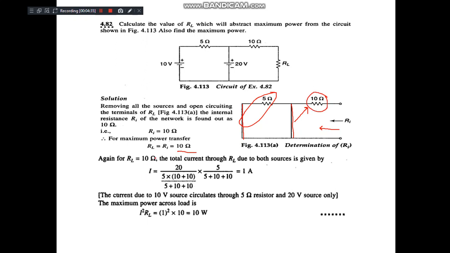So current is equal to 20 by (10 plus 10), which is 1 ampere. Finally, you have to calculate the maximum power across the load, that is I square into RL. The current value is 1 and the RL value is 10. So finally the power is 10 watts.